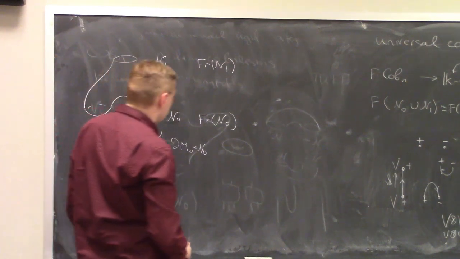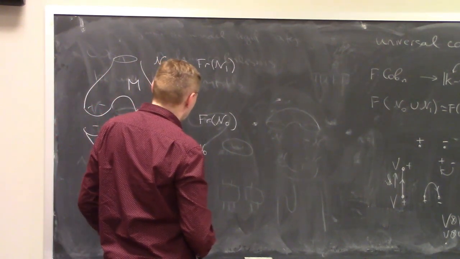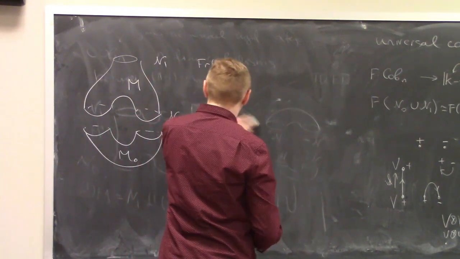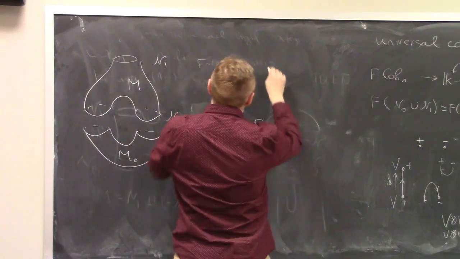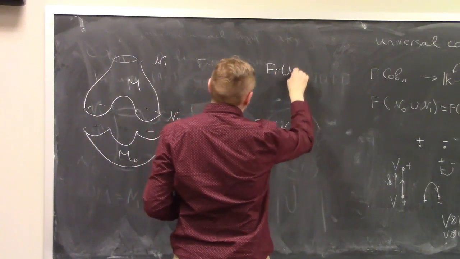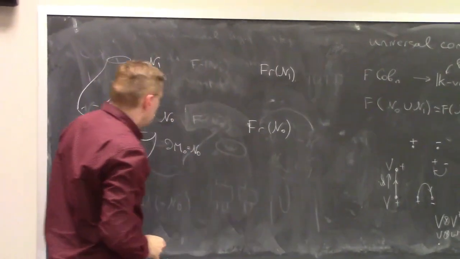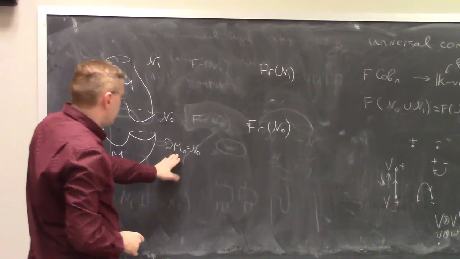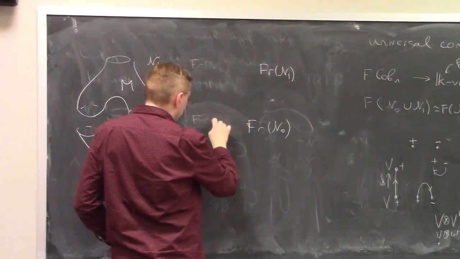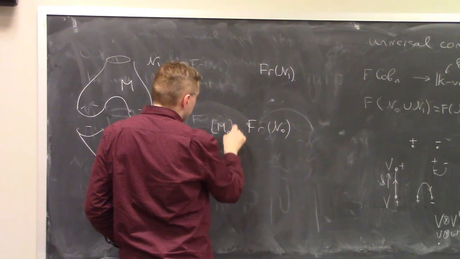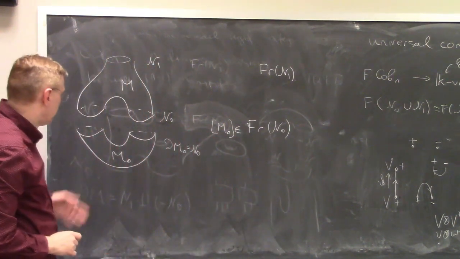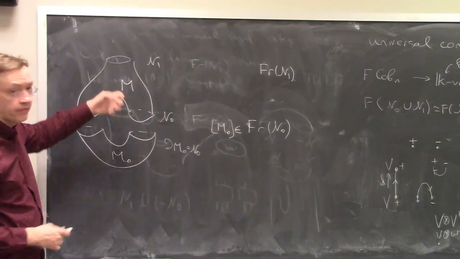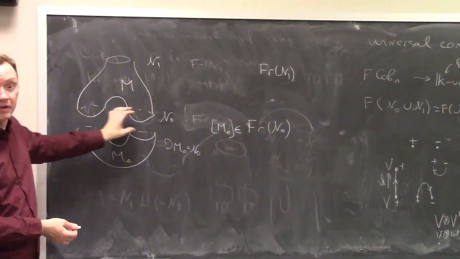Let me shift this a little bit. So like this, the free vector space on N0 here, and on N1 here. So given a manifold M0 with boundary N0, we have a basis vector in the free vector space of N0. What we can do is take M0 and compose with M, gluing the boundaries together.